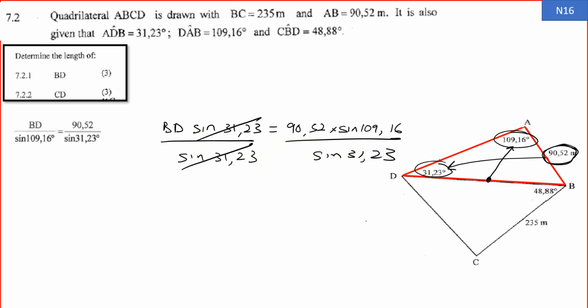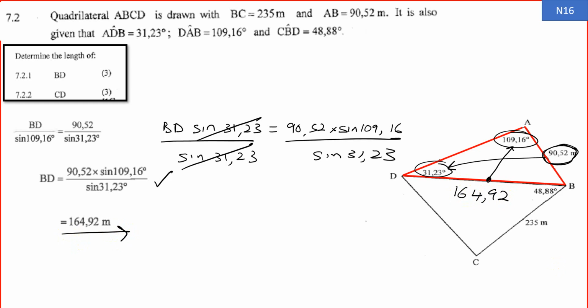And then we can find BD, which I have on my PowerPoint. And then you can use your calculator and type that in, and you would get 164.92 meters. And we would like to put that on our diagram because surely that should help us with the next question.